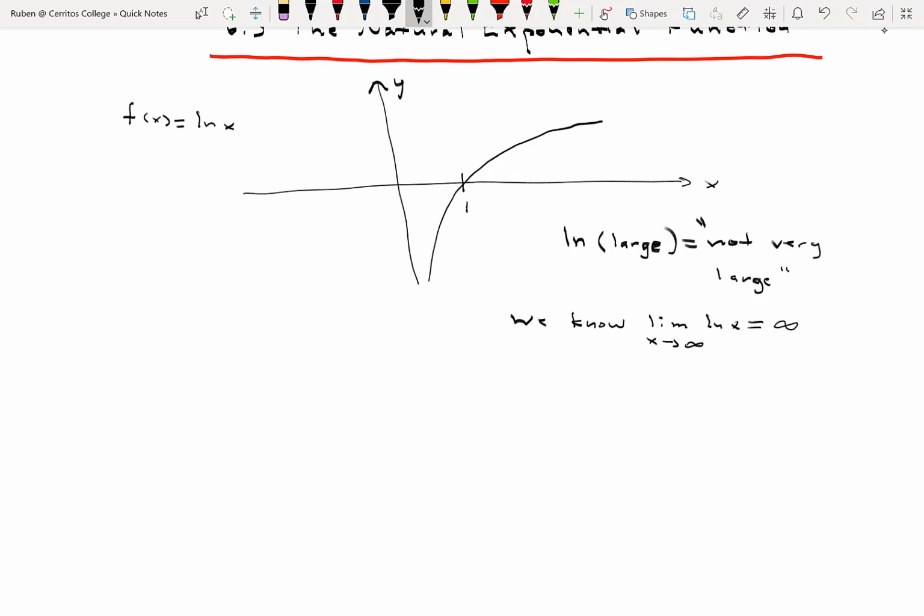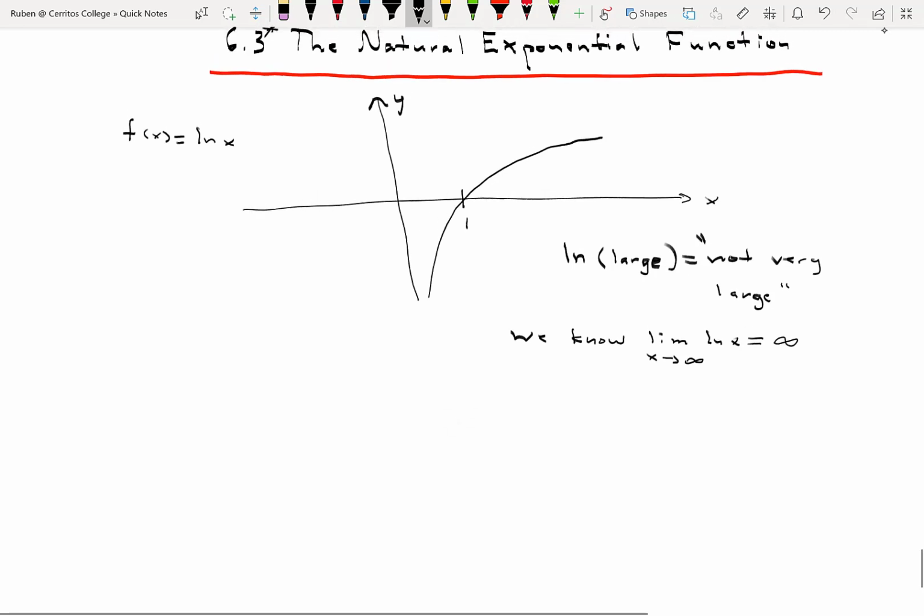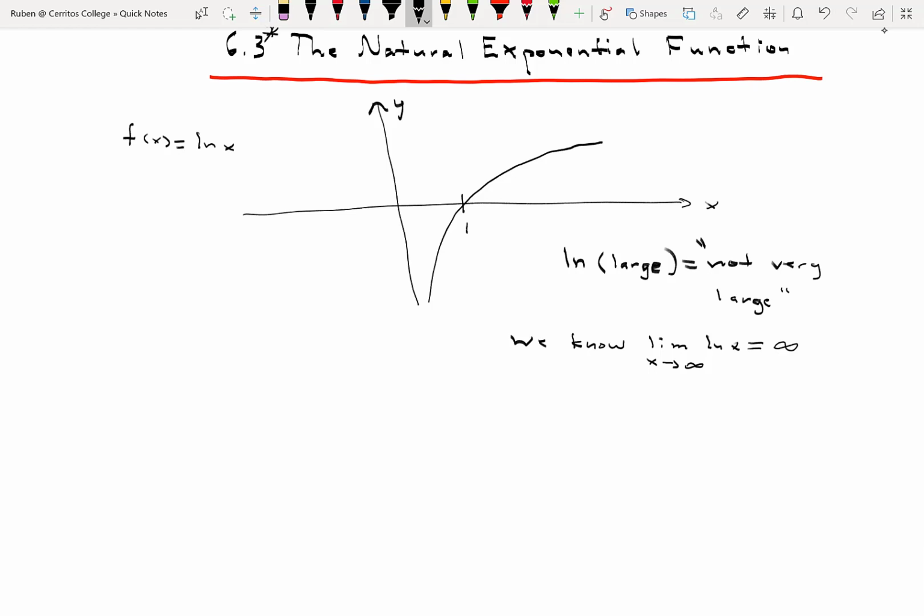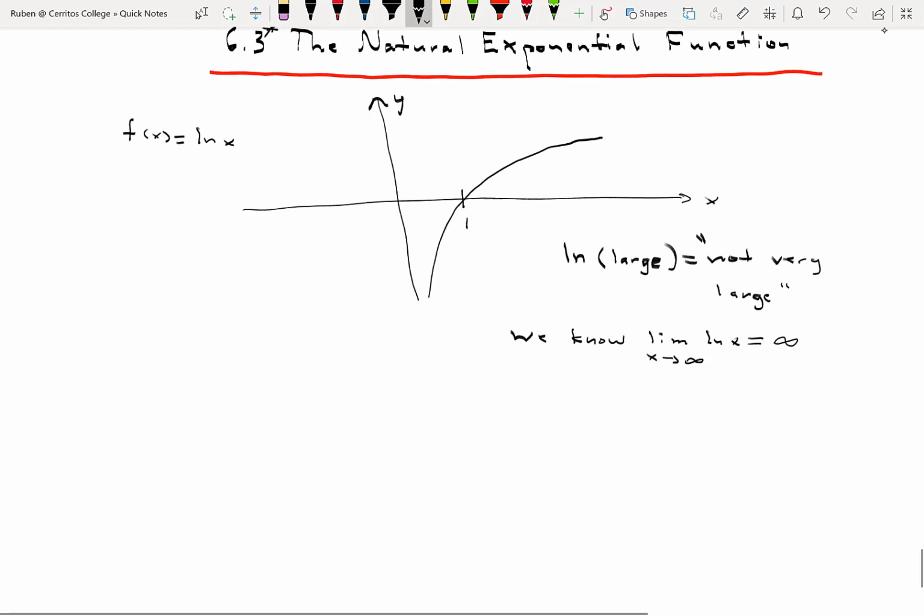So this function grows very slowly. It levels off. That means the slopes approach zero, yet it doesn't have a horizontal asymptote, which is kind of mind-boggling. In this section we look at the natural exponential function, which is the inverse of the natural logarithm function.